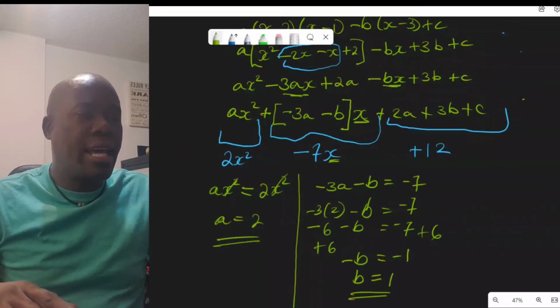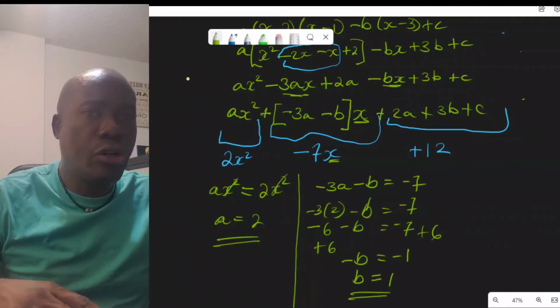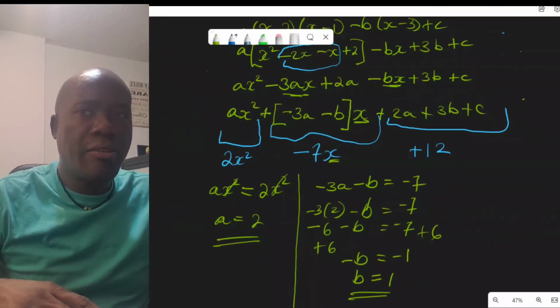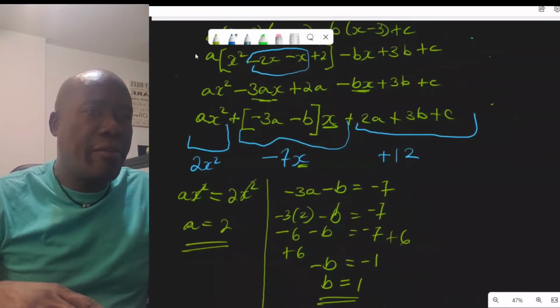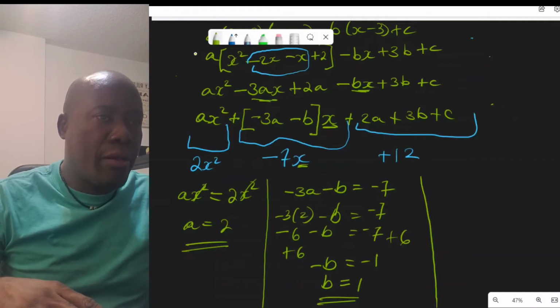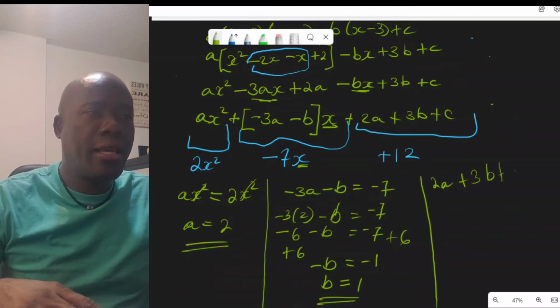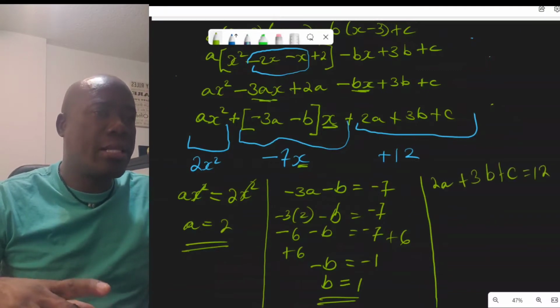So the last thing that we want to do now is to find the value of c, and we're done. So in an effort to find the value of c, remember that 2a plus 3b plus c is equal to 12, because that's the constant.